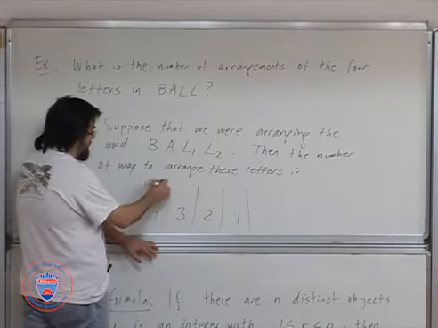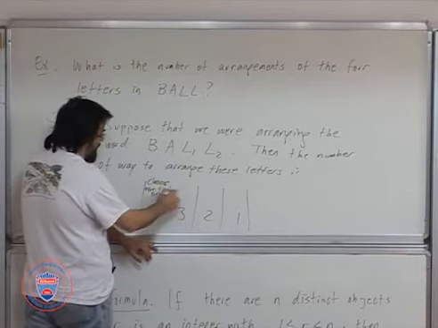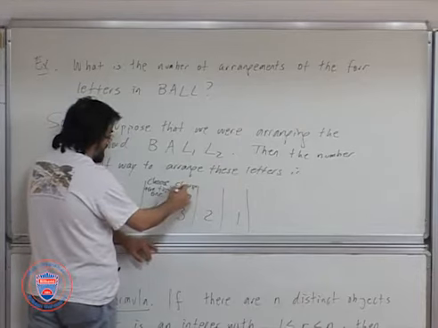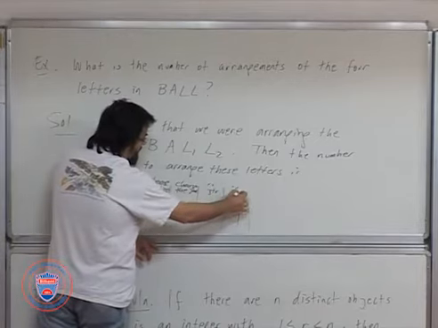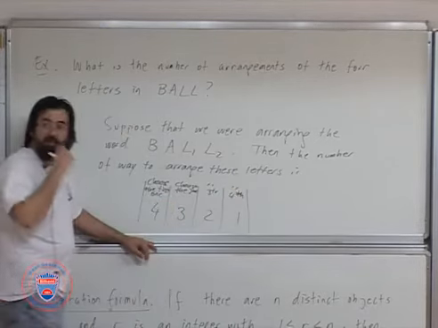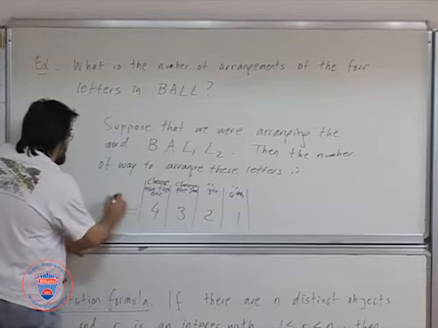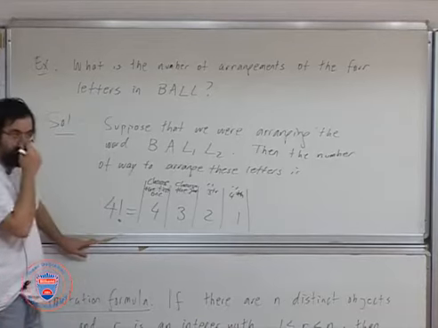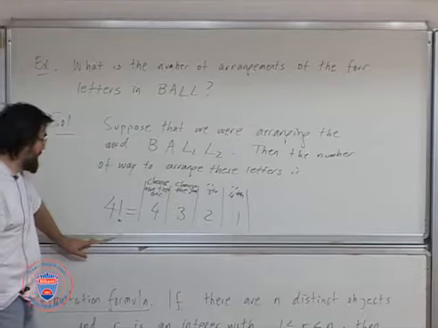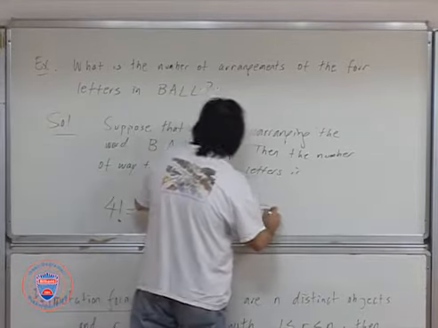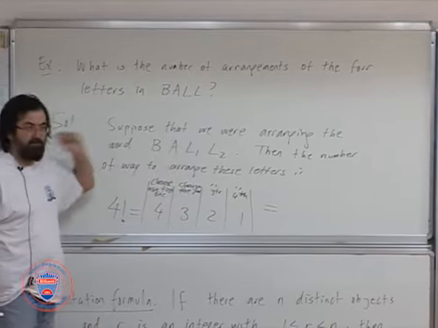Choose the first letter, choose the second one, third one, and fourth one. At each step you're choosing something, so that's where you get 4 factorial. But the letters we're looking for are not subscripted, there is no 1 and 2.